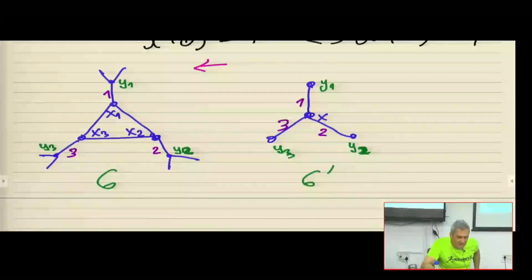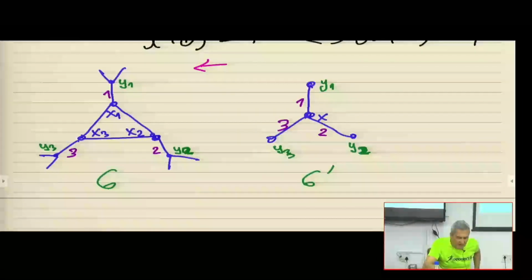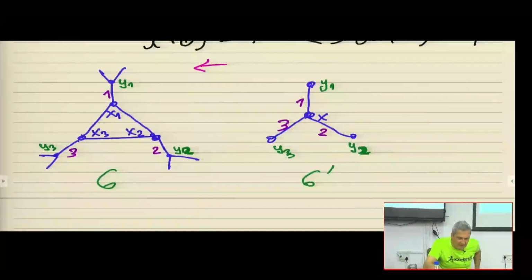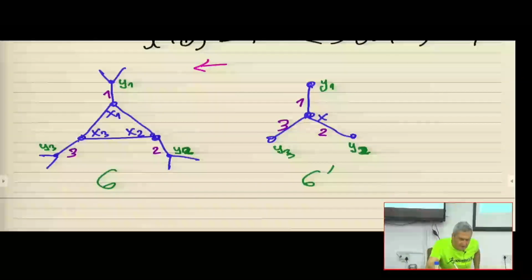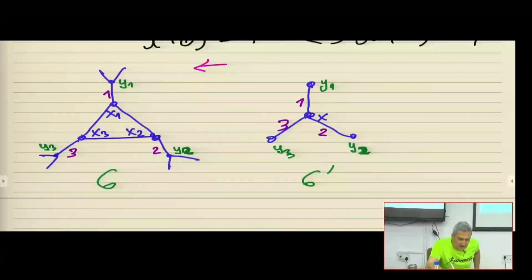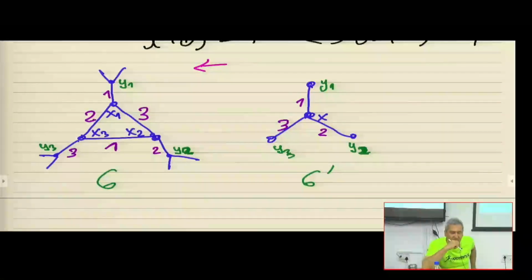Now what should we put here to get a 3-coloring? We don't have many choices. We put here 2, we could put here 3, and we put here 1. So this is in this direction.